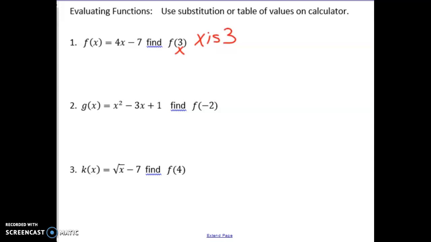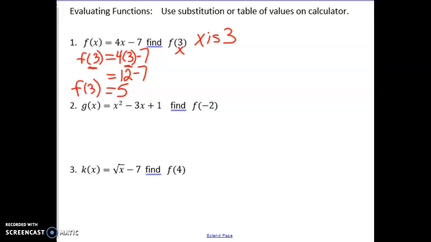So we go back over here, and wherever we see x, we simply substitute in 3. So this tells us the input, and now it's here where x was. And then after that, it's just simple math. So a little bit of order of operations. We're going to multiply before we subtract. 4 times 3 is 12, and 12 minus 7 is 5. So the output is 5 when the input was 3.